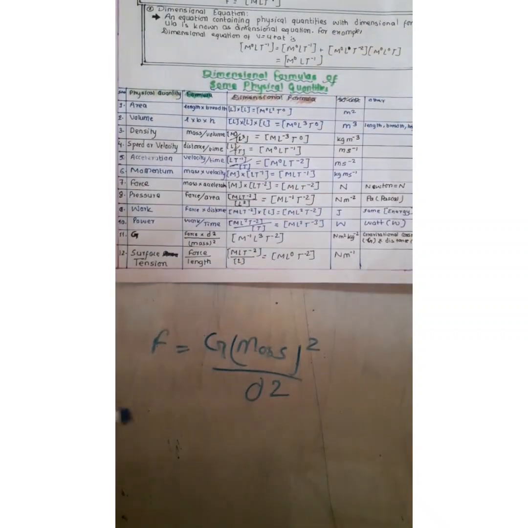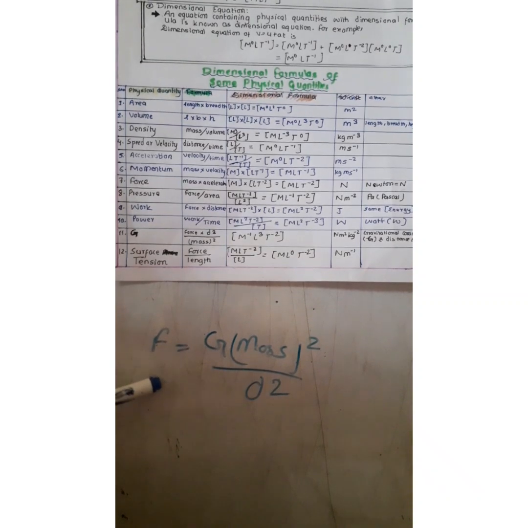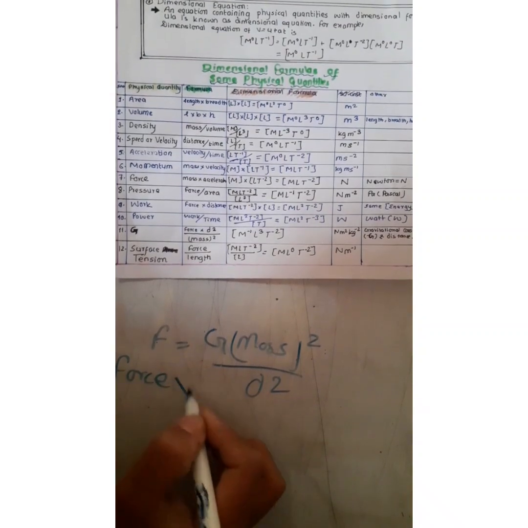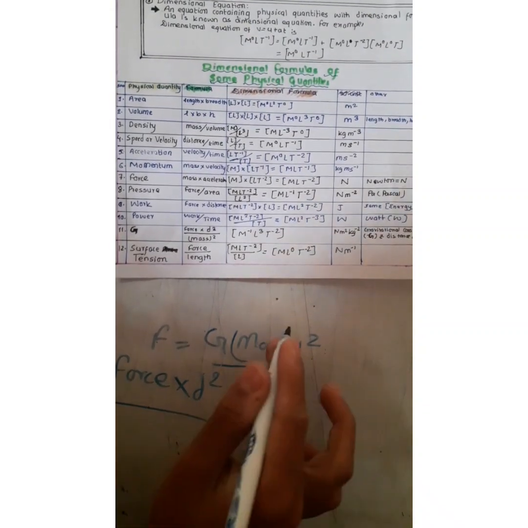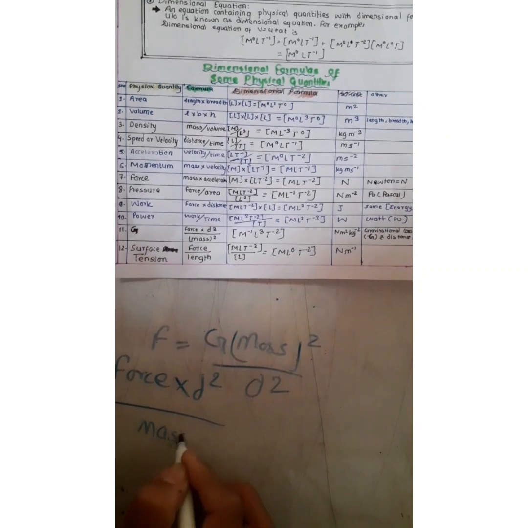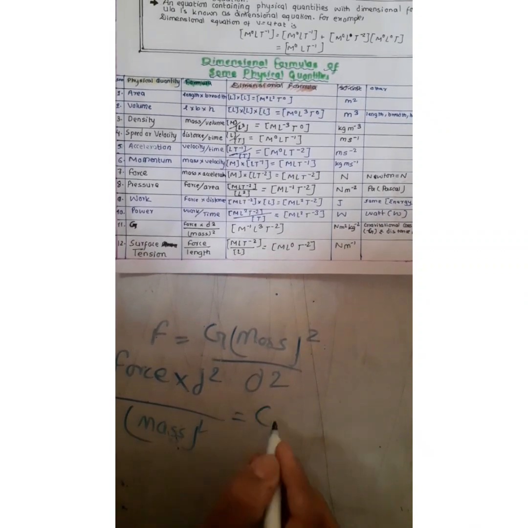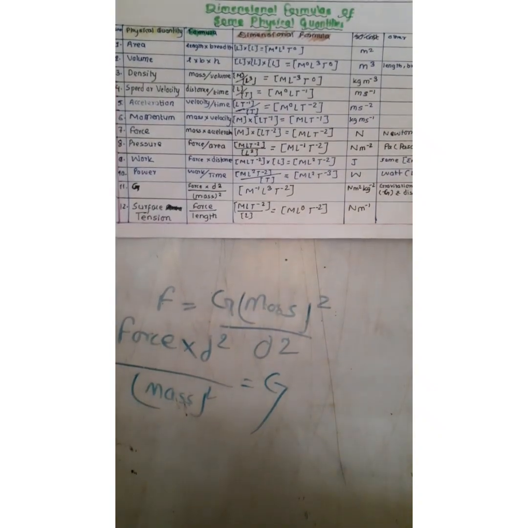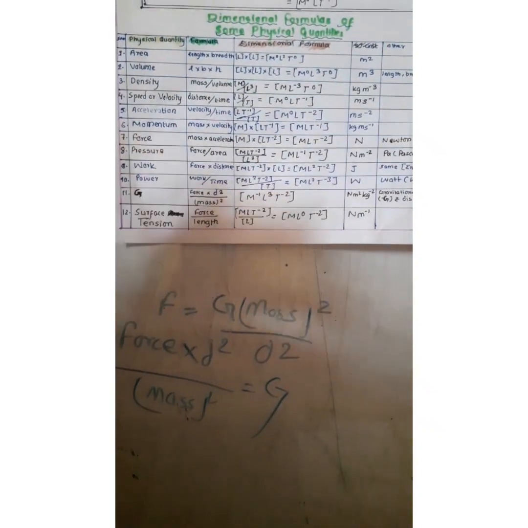I think you have read this formula in class 10. Now we have to find G. So the basic formula of G: F means force, into d square upon the mass square product. So we can derive G from this formula, and if we can find this formula, then we can easily find its dimensional formula.